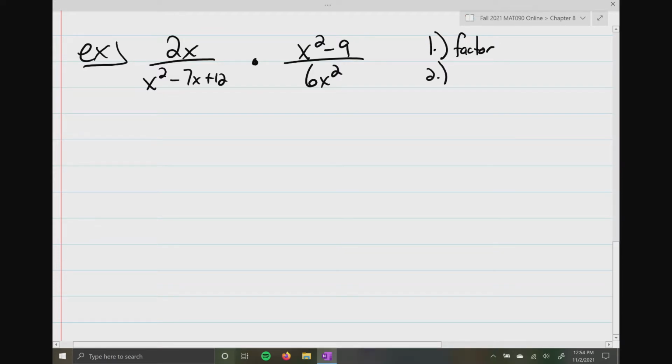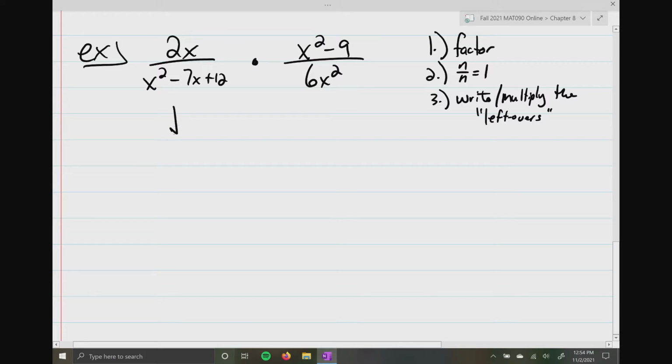Step 2, you want to apply your n over n equals 1 rule. And then step 3, write/multiply the leftovers. Okay? So, please take your time.